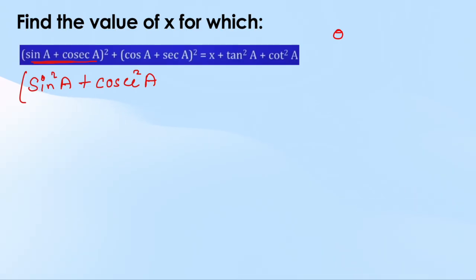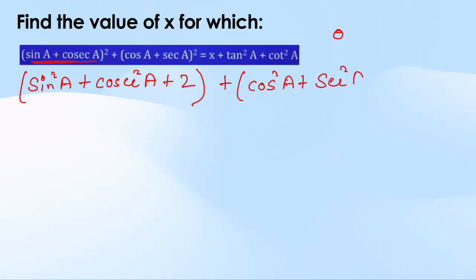This is how you have to decide which method you have to follow, okay? So this will become 2 times sine into cosec, that is 1, so 2 only, right? Another one will become cos square a plus sec square a plus 2 times cos a sec a. Cos a sec a is 1, right?